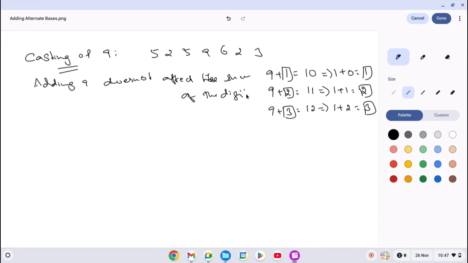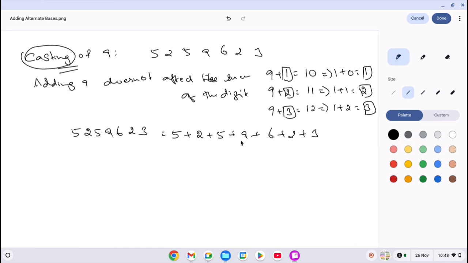So with the help of this property of 9, we can cast out 9. Casting out 9 means we can avoid adding 9. If we take this example, 5, 2, 5, 9, 6, 2, 3, we can avoid adding 9. So how can you write it? 5 plus 2 plus 5 plus 9 plus 6 plus 2 plus 3. We can avoid adding 9 here.